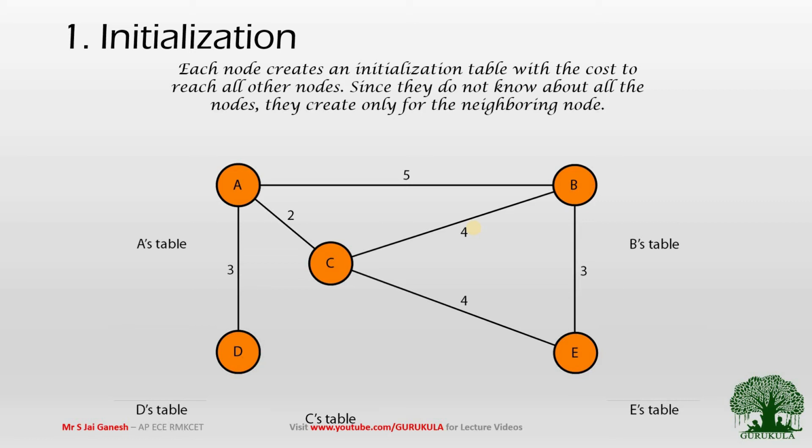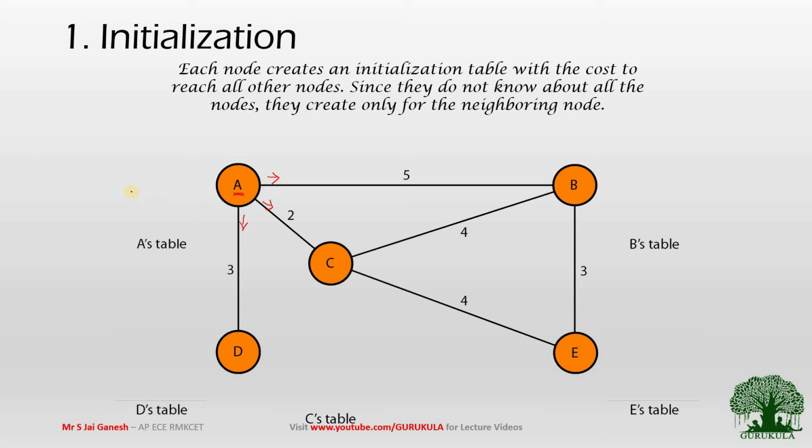At this stage they do not know about all the nodes, because as you could see, there are a few nodes that are directly connected and a few nodes which are not directly connected. For example, node A is directly connected to node D, node C and node B. Node A does not know any information about node E at the initialization stage. So this is what we are trying to drive at here.